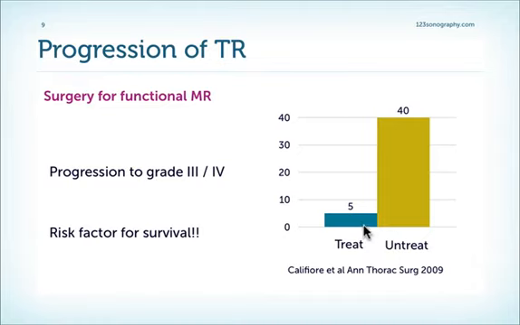So those who were treated had much less tricuspid regurgitation than those who were untreated. What does that mean? We know that TR progresses, and we know that we have to operate on these patients also for the tricuspid valve. We have to be fairly liberal with respect to our indication for operation of the tricuspid valve.